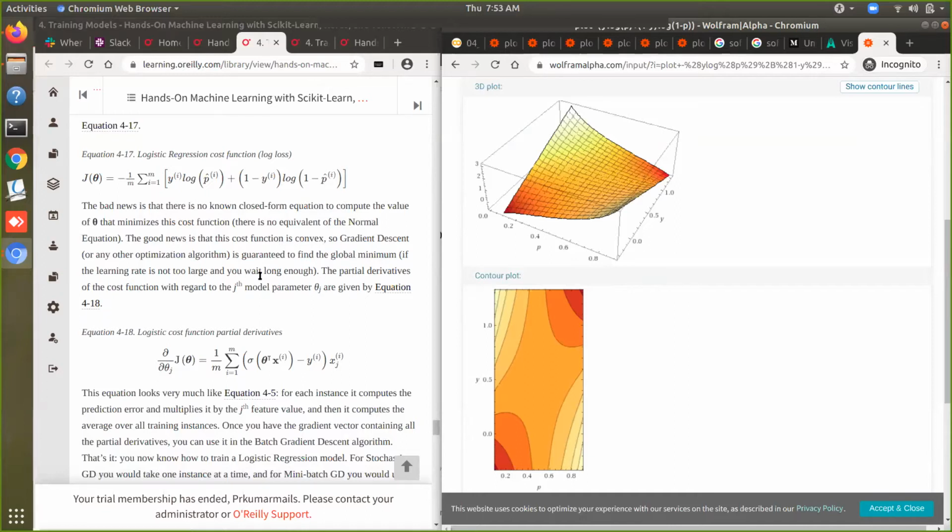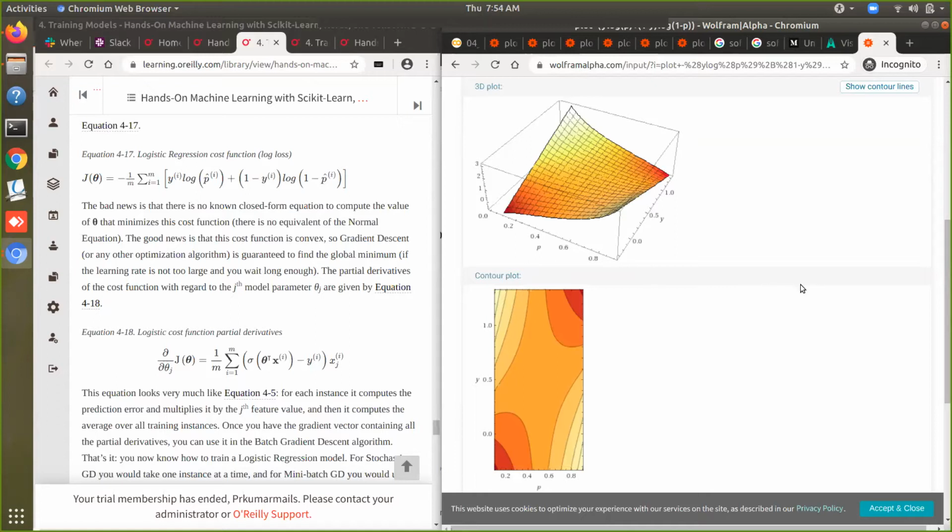Excuse me, Rajesh, in this equation, y is discrete. Although p is a continuous probability between 0 and 1, y can only be 0 or 1. So this 3D plot is pretty, but it's not really representing the situation in this particular case.